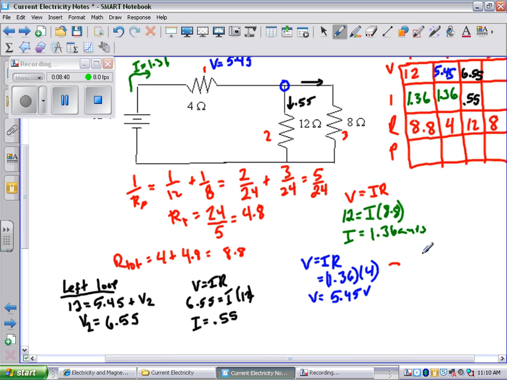So if I want to find I3, I can just do 1.36 minus 0.55, and that gives me a value of 0.82. There must be some rounding in there, so 0.82.